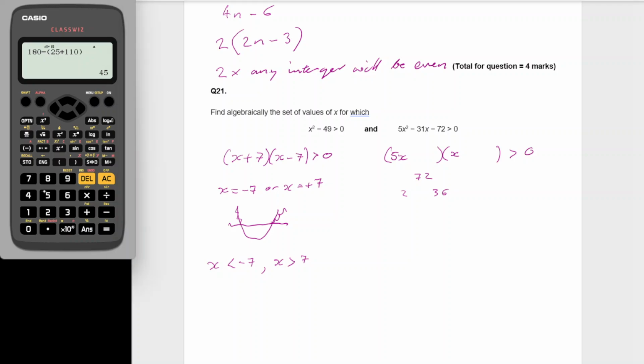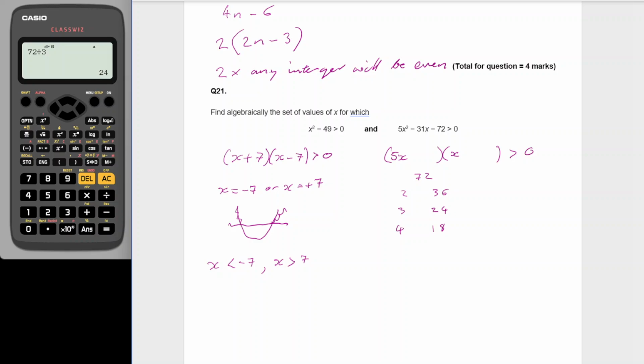We could have 3 and 24, so 21 and 24, which would give me 10, so we wouldn't have a difference of 10, so let's try 4 and 18. That would give me 18 and 20, which again doesn't work.